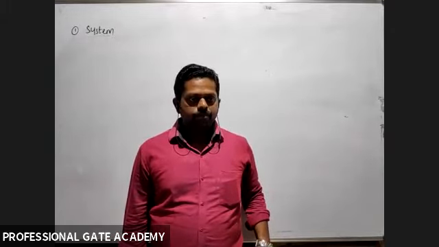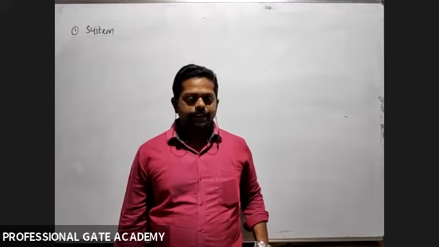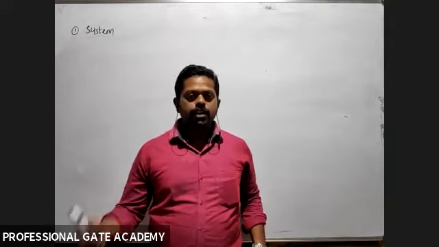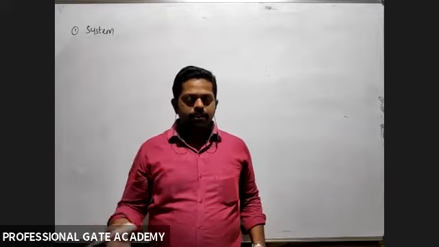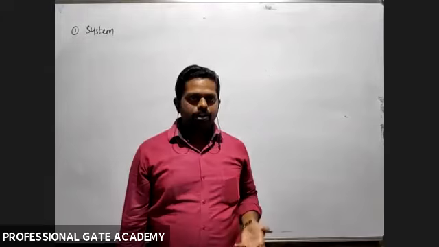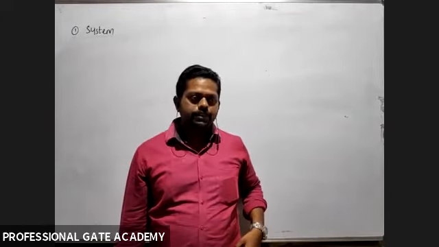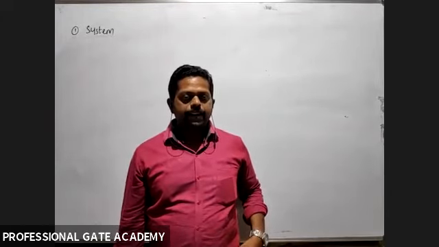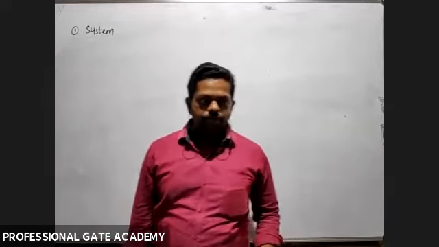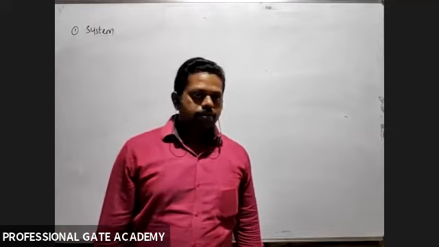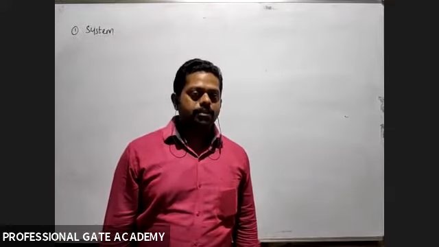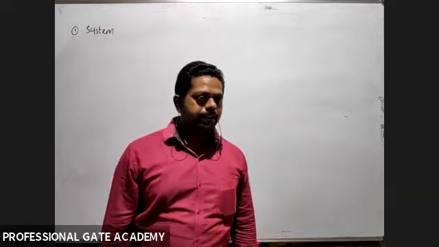Fan, sir. Yes, electric fan is a system. Human body is also a system. Classroom is also a system. So electric fan is also a system. In an electric fan, a ceiling fan, what are the components present?